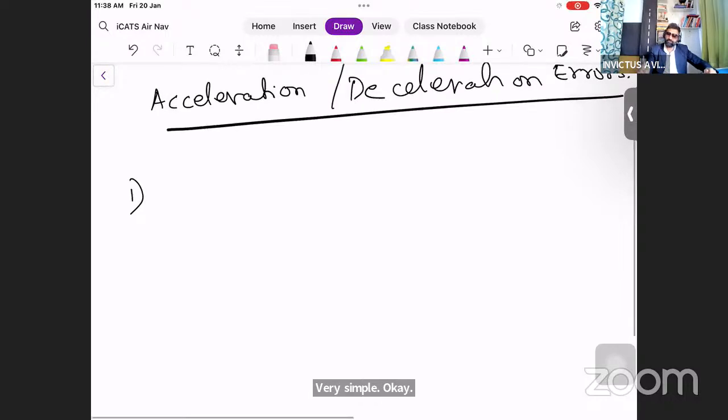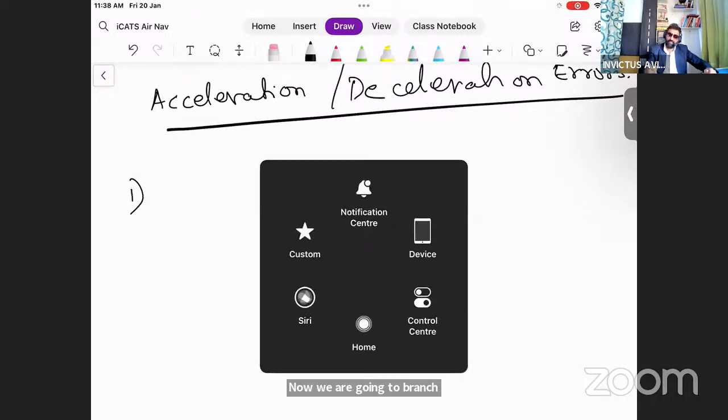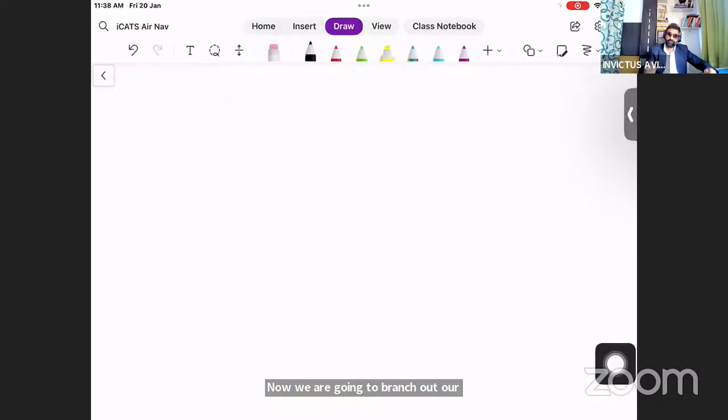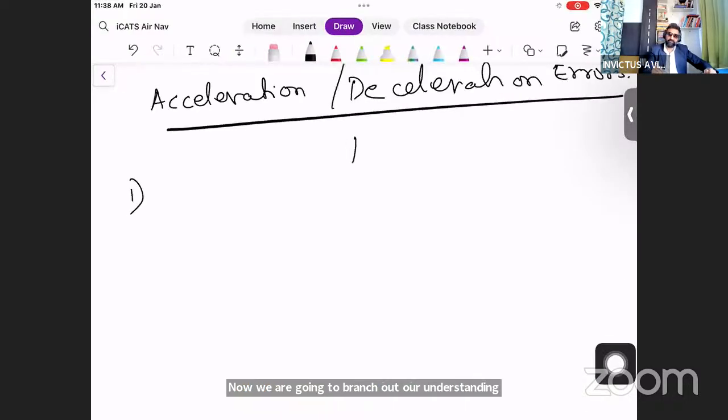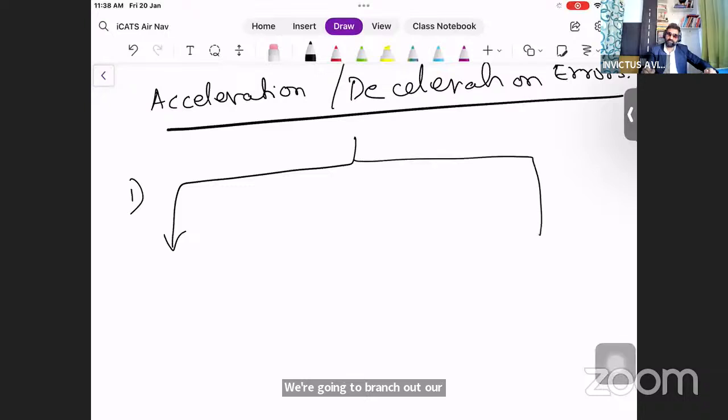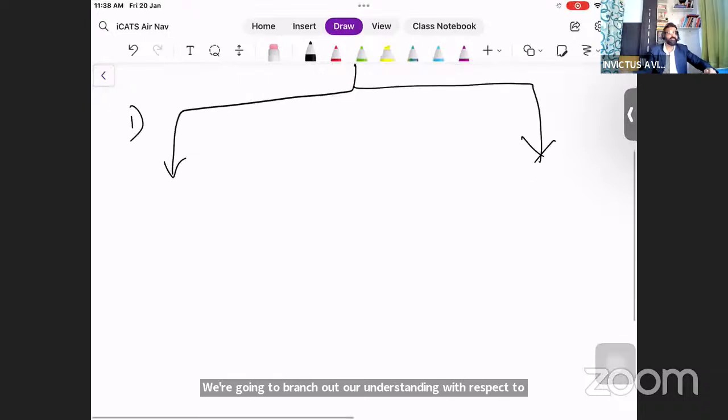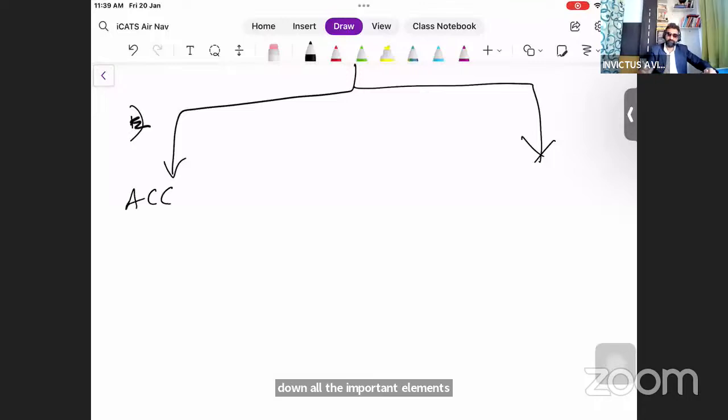Now we are going to branch out our understanding with respect to acceleration error and deceleration error. It'll be a very good way for you to write down all the important elements.